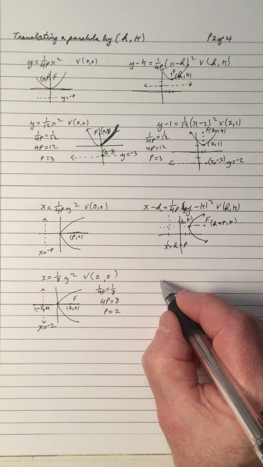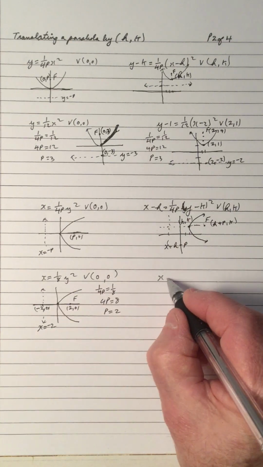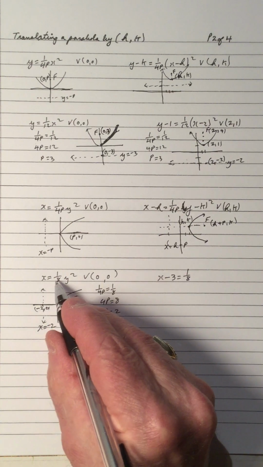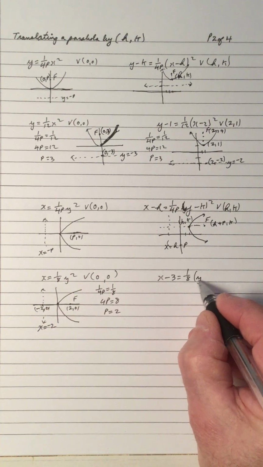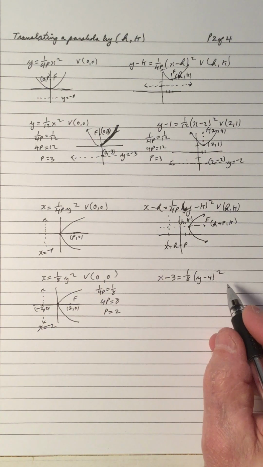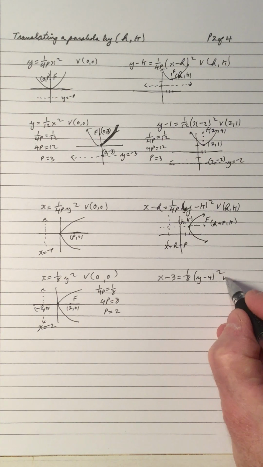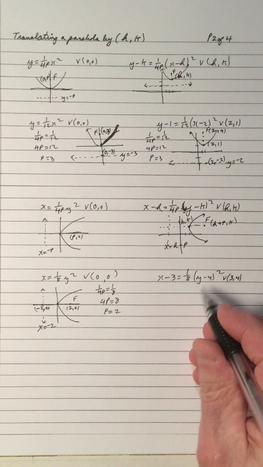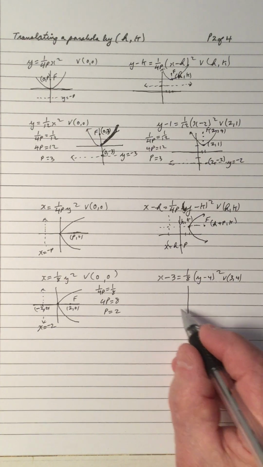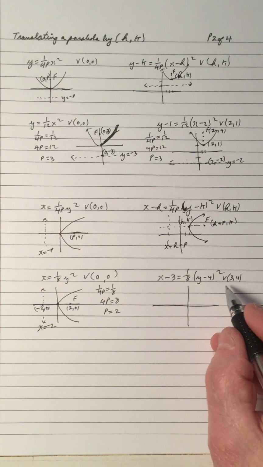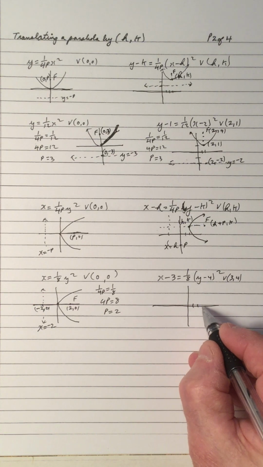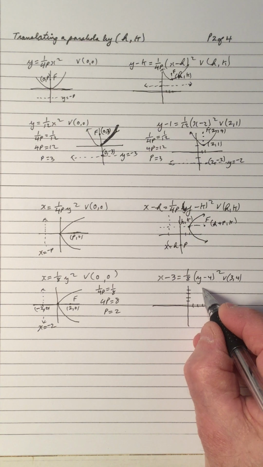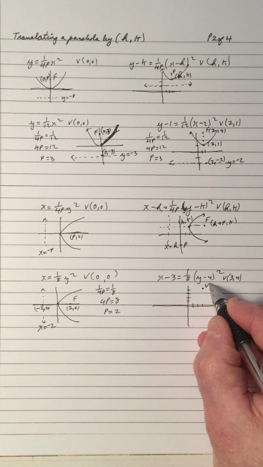If we take this parabola and shift it, let's take 1 over 8, same as here, and write y minus 4 squared. Notice now the vertex of this parabola, x is 3 and y is 4. So the vertex is 3, 4, which is right here.